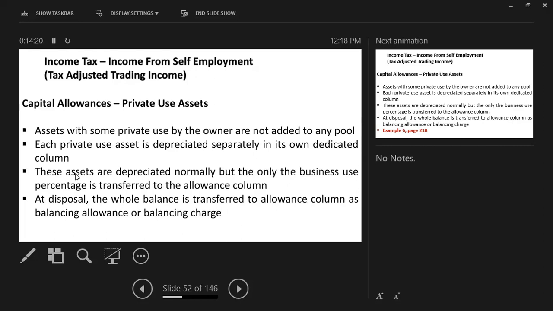Whenever you dispose of the asset, any amount which is left after disposal is either a balancing allowance or a balancing charge. There is no closing balance of such assets, and no WDA will be claimed if the asset is sold, because every asset has its own column. Once it is sold, it is gone. It will be treated as balancing allowance or balancing charge.